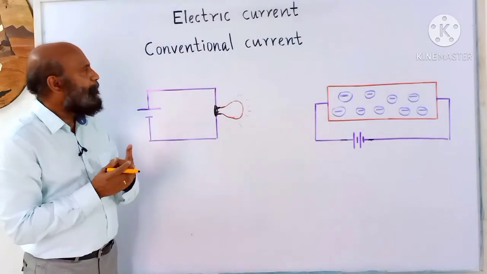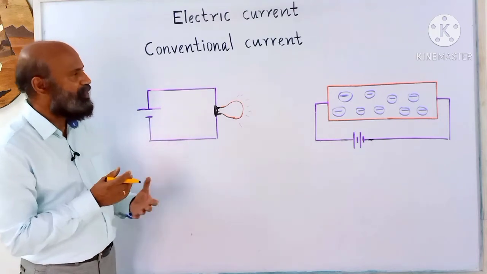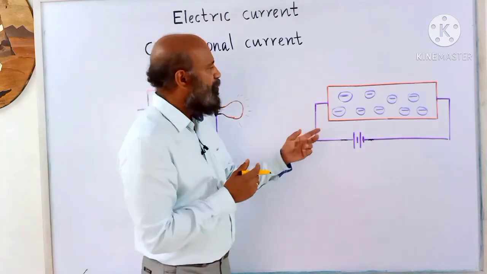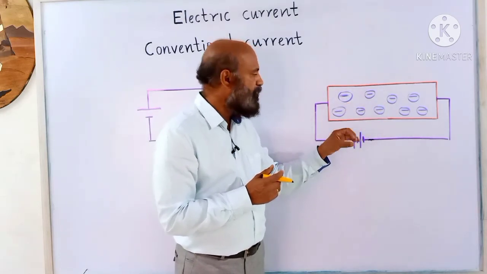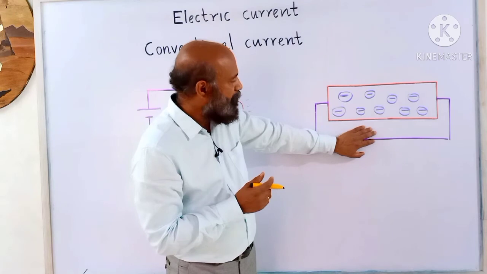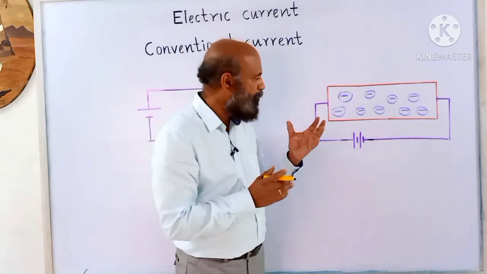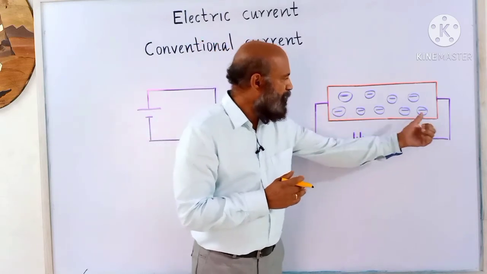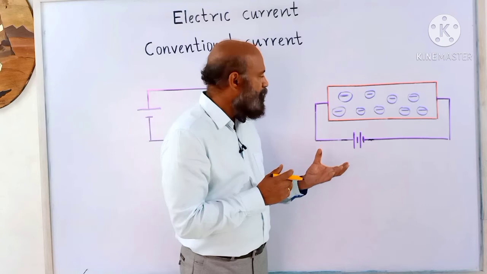Now let us see the direction of the conventional current and what is conventional current. In a conductor, a large number of free electrons are there. When there is no battery, these electrons are in random motion, that will not make current. When a battery is connected at the two ends, then there is a potential difference.